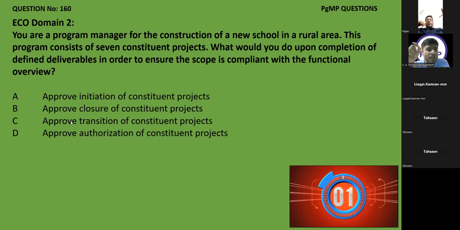So whenever he asks you a question for the closure phase, 90% of the time he will only ask how you will initiate something, that is, getting the approval from the constituent project. Then the closure activity will follow later on. Is it clear? Got you. Thanks. Good. Yes, sir, I'm clear.